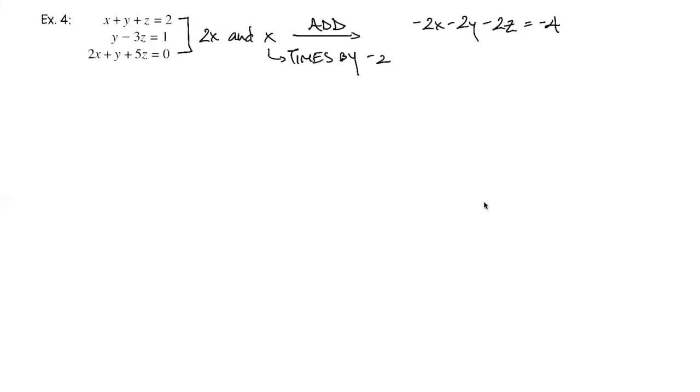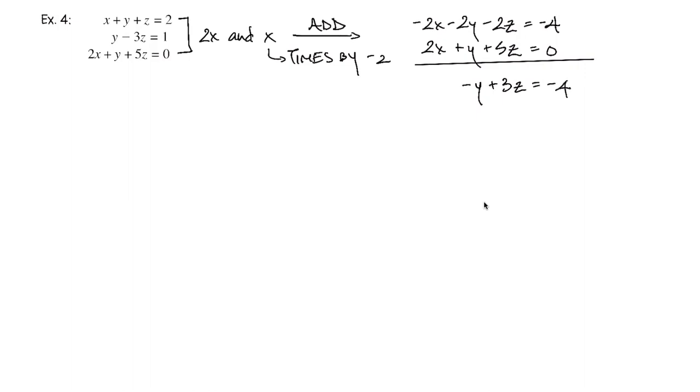And if I stack that on top of the third equation, 2x plus y plus 5z equals 0, let's see what we get. 0x negative y plus 3z equals negative 4.